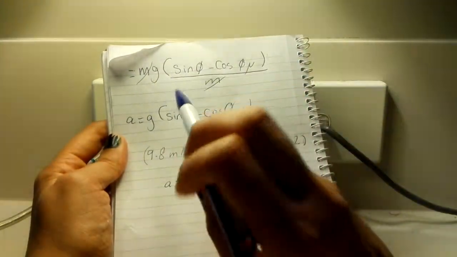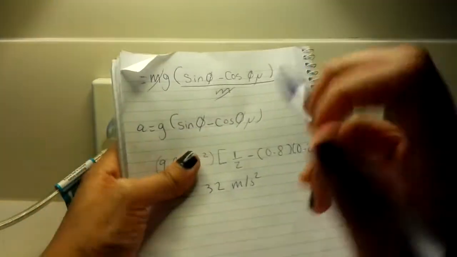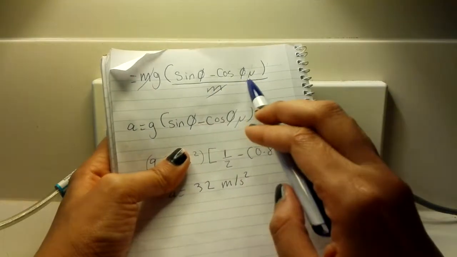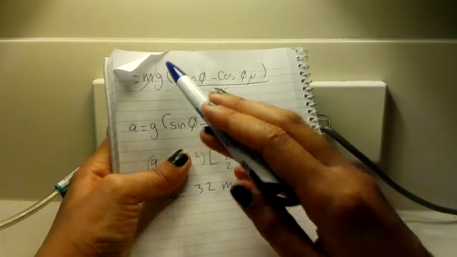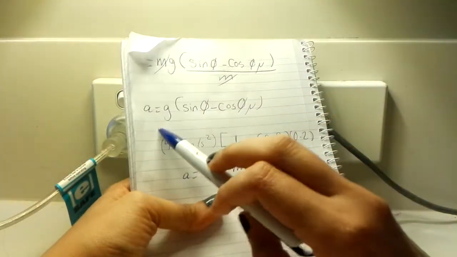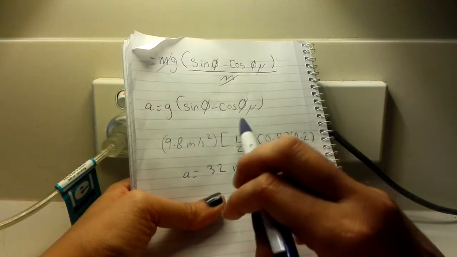So now we add together the mg terms, and we end up with mg sine theta minus cos theta mu, over m. We cancel the m, and then we end up with only gravity times sine theta minus cos theta mu.